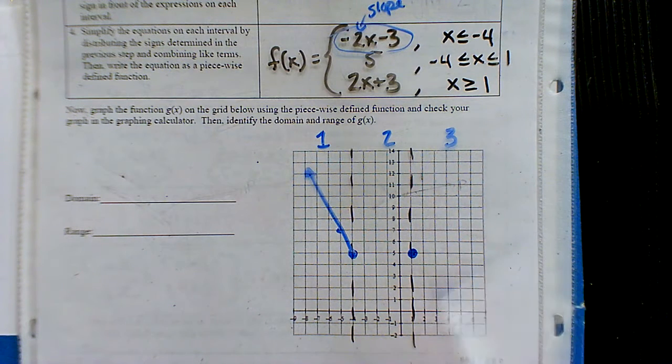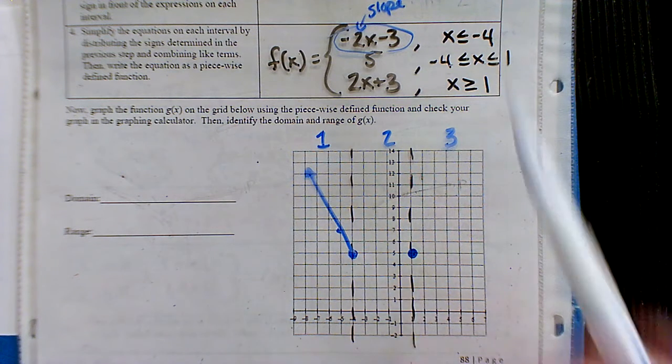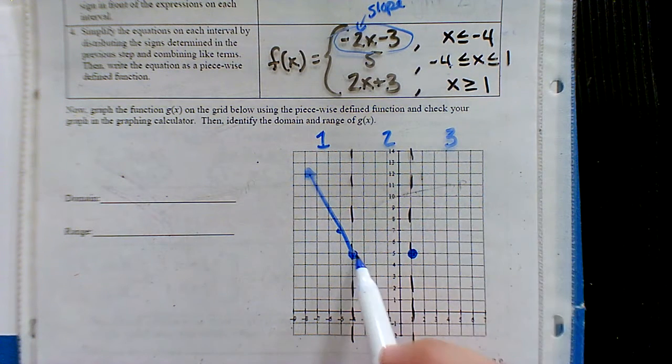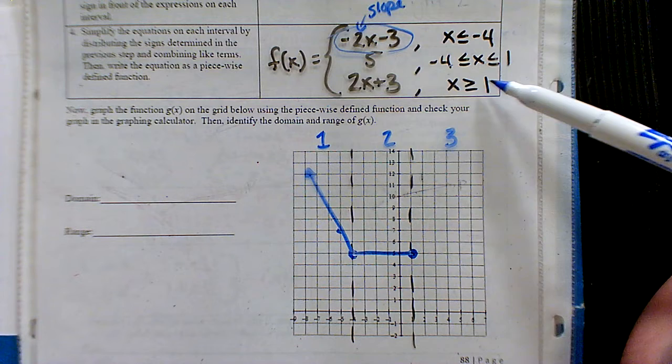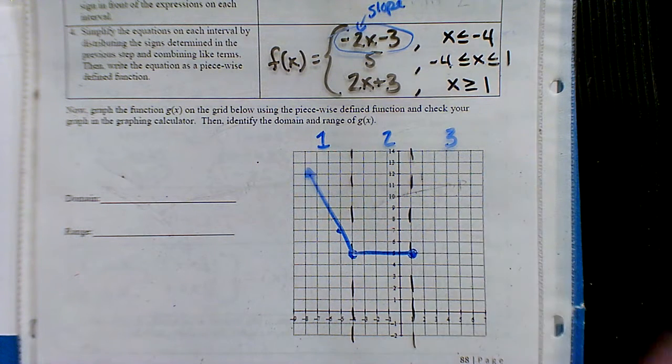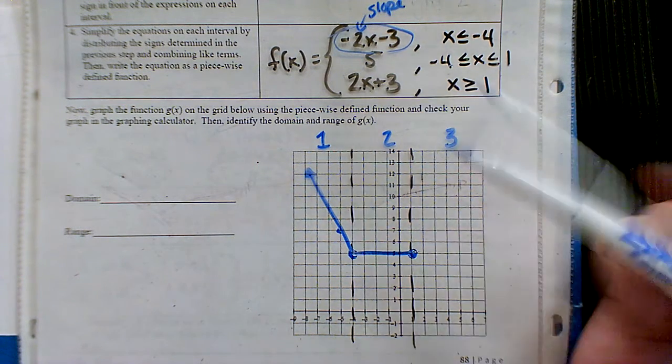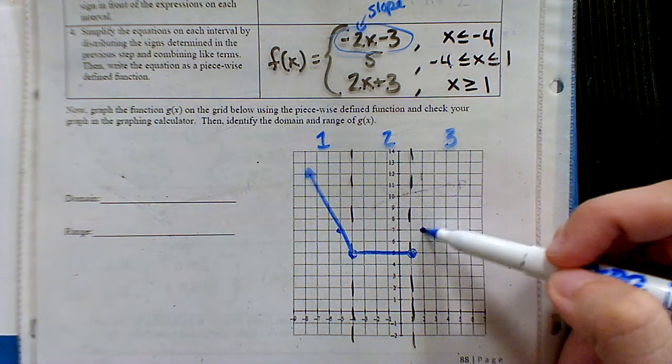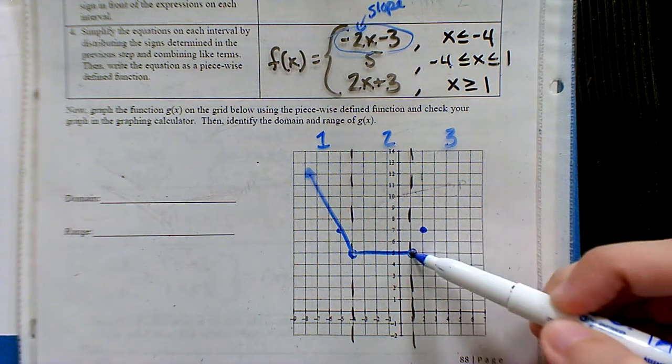Okay, playing connect the dots, or maybe picking any number you want in between -4 and 1, no matter if you tried to plug it in, you'd always get out 5. So you're going to have this flat constant function. If we try the last one, plugging in 1 would still give us 5. That point's already there. But maybe you can use the slope, up 2 over 1, to get another point.